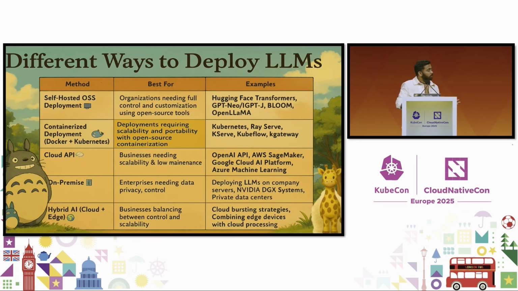Similarly, cloud APIs, a few examples being the OpenAI API, SageMaker and Vertex AI. It is easy to deploy and scalable, but really costly, and you lack control. You have to give access to the cloud for that. Similarly, there is on-premise, where you can provide the highest control and privacy, but that comes with a high infrastructure cost.